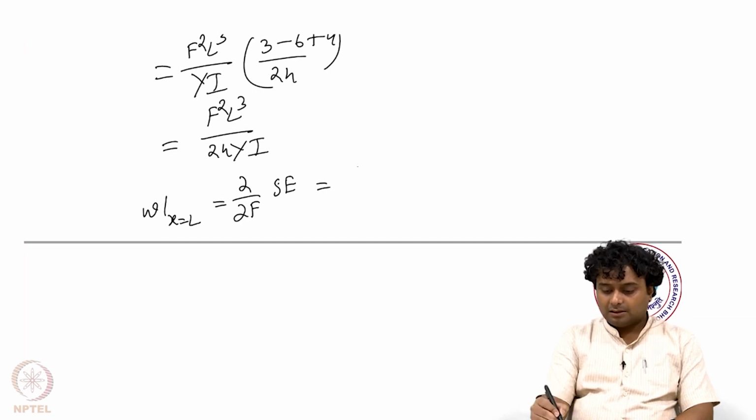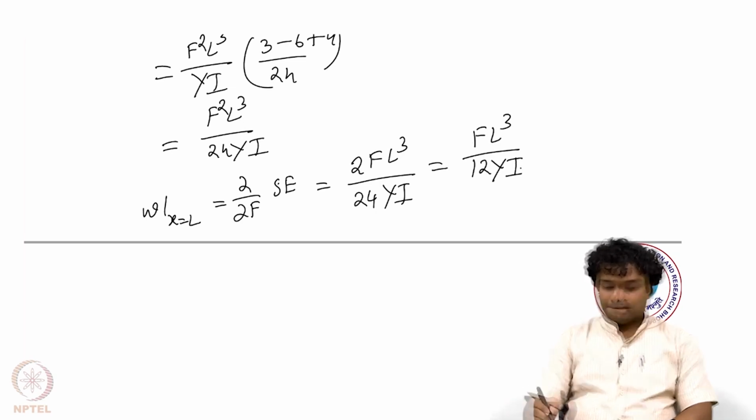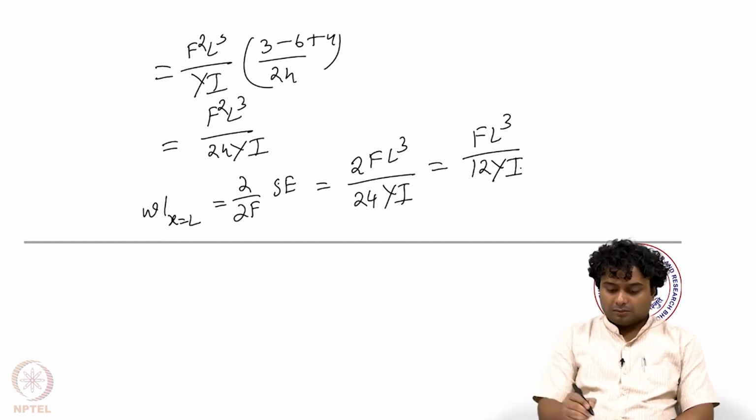That is then 2F L cube divided by 24EI, which equals F L cube divided by 12EI. So now we know the deflection.